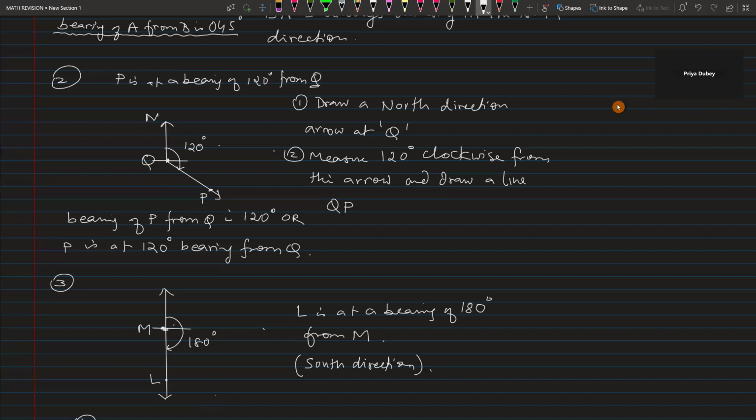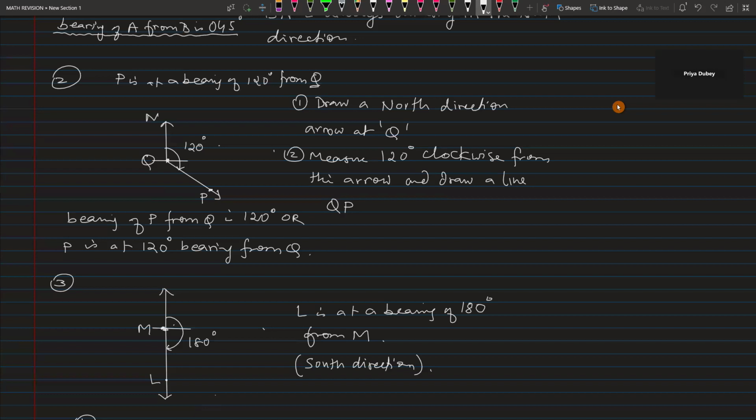Okay, so here you can understand this, that the location of this point P is not complete by only this 120 degree. Okay, 120 degree bearing के साथ अगर आपको किसी ने बोला होता कि P is at a distance of certain meters from Q, then this location of P would have been fixed.